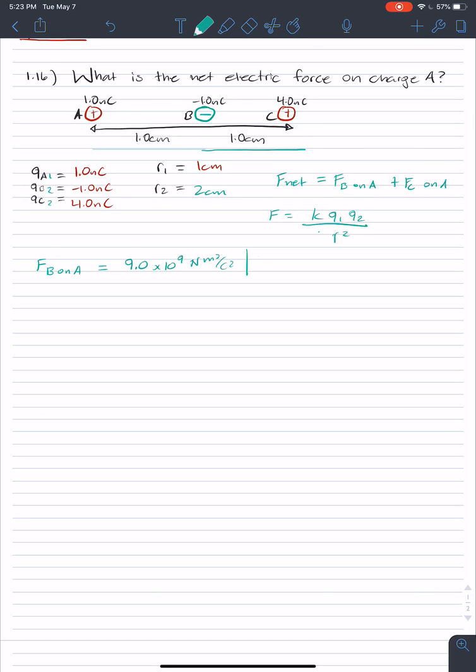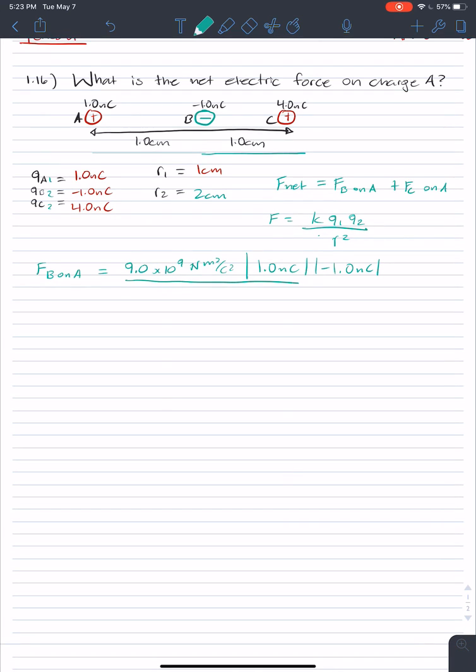Charge 1 we'll call A, which is 1 nanocoulomb. And charge 2 we're going to call B, which is negative 1 nanocoulombs. And we're going to divide by the distance from A to B, because that's what we're calculating, is our force of B on A, which is just 1.0 centimeters. And we square it.